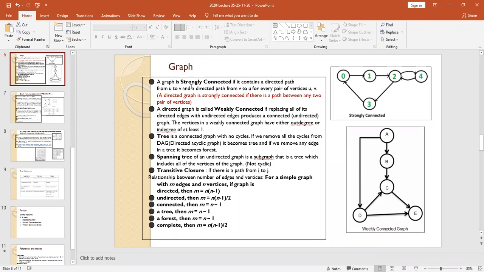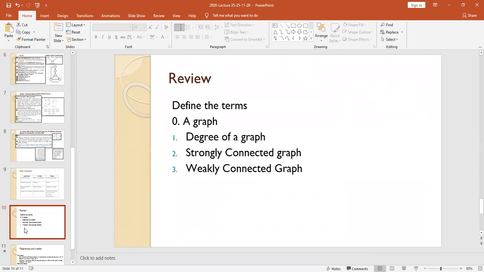Weakly connected means that if we replace all the directed edges with undirected edges, it produces an undirected graph connected in that way. So weakly connected and strongly connected are the important questions we are going to review in this concept.